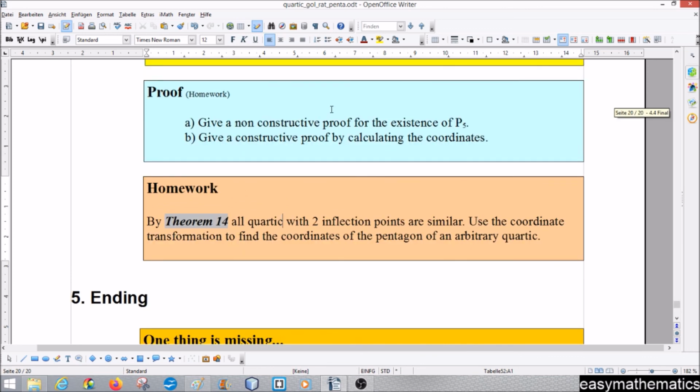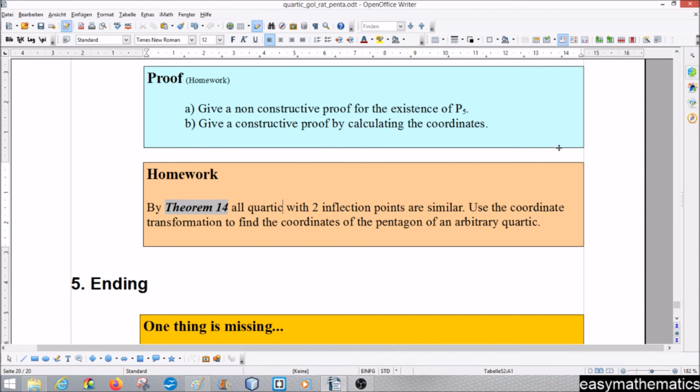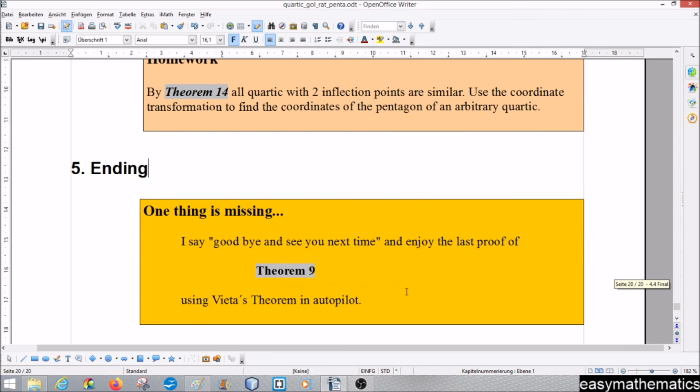Okay, and this is the end, and one thing is missing, more or less. I leave that for a small secret. I do not know when I will show this. It's not so important. I plan to do it, but I'm not so good in animation stuff. So first I have to improve my animation skills, and then maybe I can show you the missing thing. I wanted to show the last proof of Theorem 9.